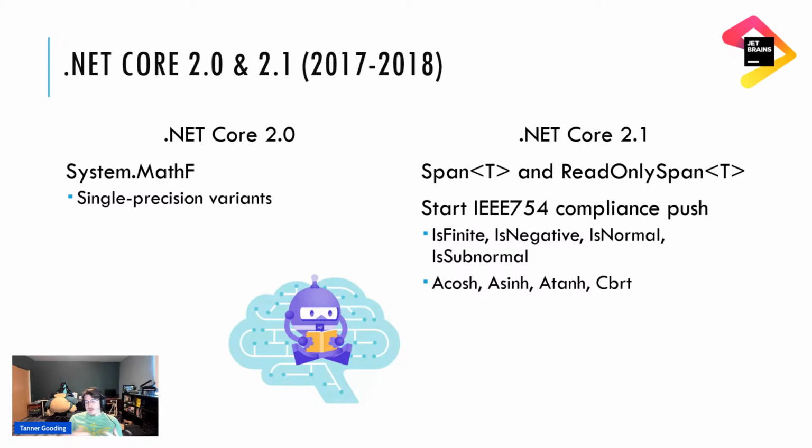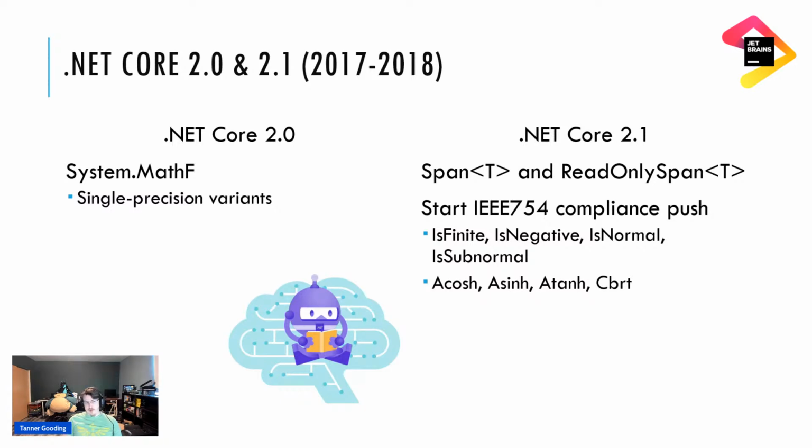This exposed all the APIs that were on Math, but extended them to support single, which is the float keyword in C#. So it's a 32-bit precision floating point number. We couldn't expose them on Math because it would have caused overload resolution problems. One simple example is if you were to call Sqrt(5), then in .NET Framework, the 5 would implicitly convert to a double, and you'd return a double.